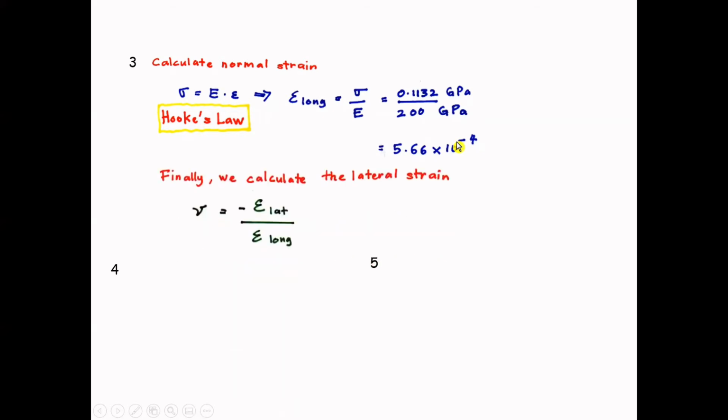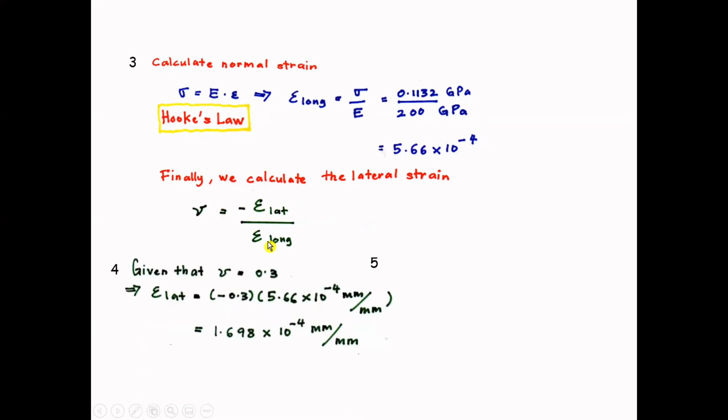Finally, we want to calculate the lateral strain. This is the equation that we use: the Poisson ratio equals negative lateral strain divided by the strain in the longitudinal direction.